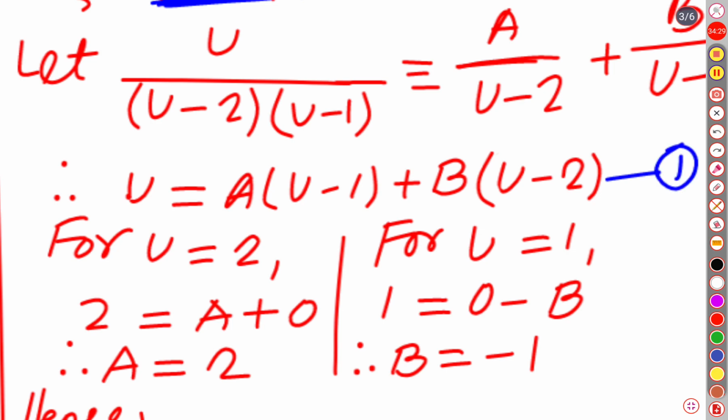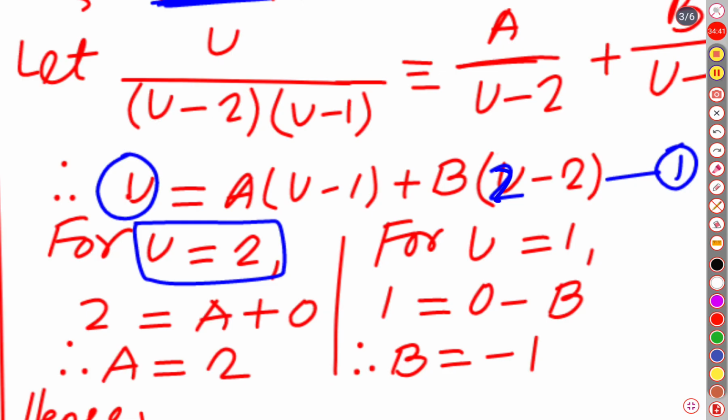In this equation, if we apply u is equal to 2, what will happen? The left side is 2. On the right side, 2 minus 2 is 0, so b into 0 is 0. But here 2 minus 1 is equal to 1, so 1a.